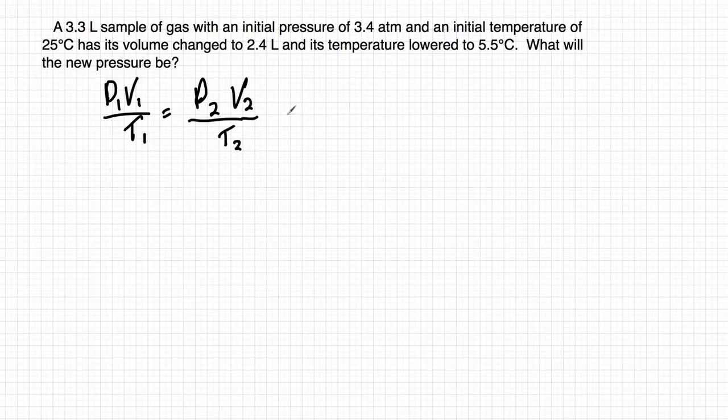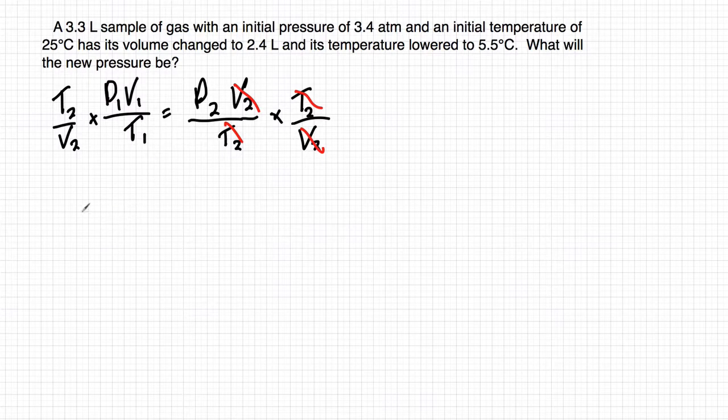So we need to get P2 off by itself. So I'm going to multiply both sides by T2 over V2. And you'll notice that the T2 cancels here, and V2 cancels here. And on one side of the equation, we have P2.